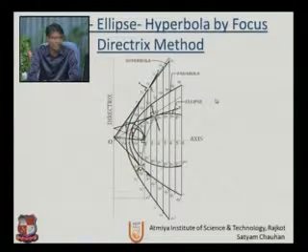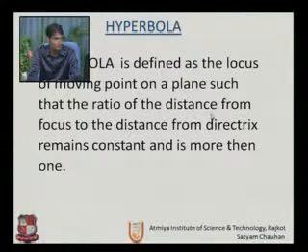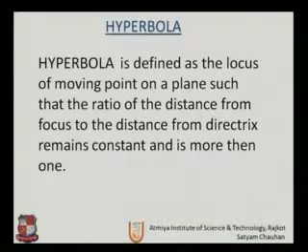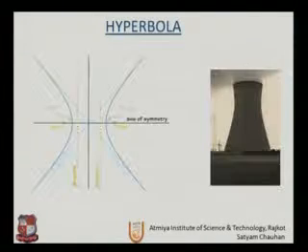In the last we will see the animation of these curves, how to create them by the directrix focus method. So as I discussed before, hyperbola is defined as the locus of a moving point on a plane such that the ratio of the distance from focus to the distance from directrix remains constant, and it should be more than 1.